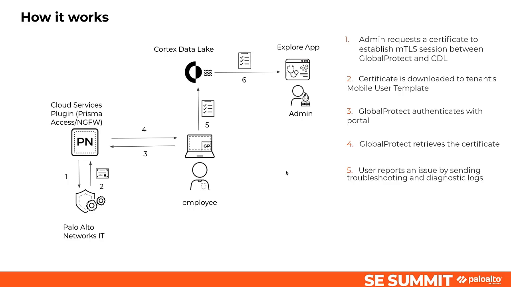Then, if the user encounters any issues while accessing specific applications, or there's a performance issue, the user would report that specific issue by sending the troubleshooting and diagnostic logs from the GlobalProtect endpoint. Once these logs have been successfully sent to the Cortex Data Lake, they will be made available on the Explore app.